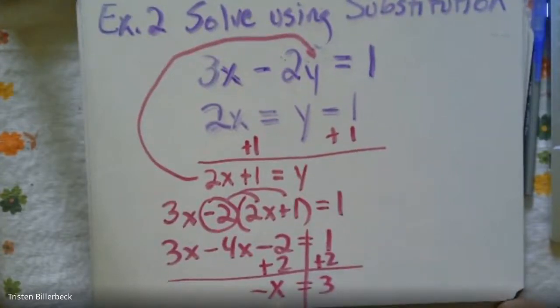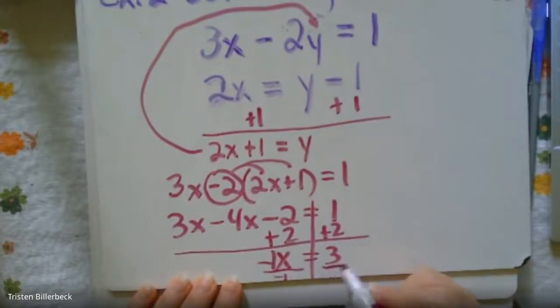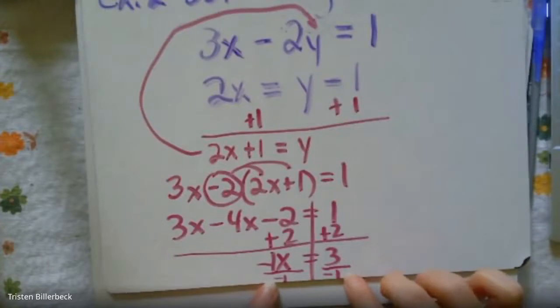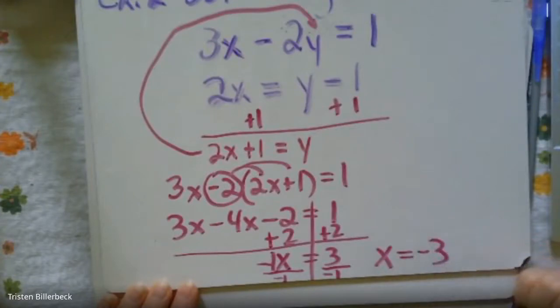Well, I can't have negative x, so I really have a negative 1 multiplying there. So I'm going to divide by negative 1 on both sides. I could also multiply by negative 1. So that's my multiplicative inverse, dividing by negative 1. And then this gives me x equals negative 3.